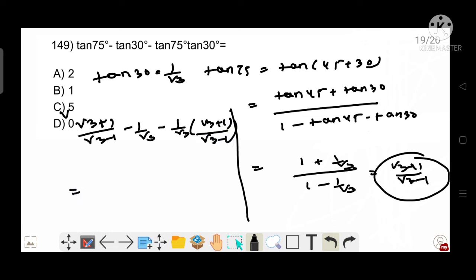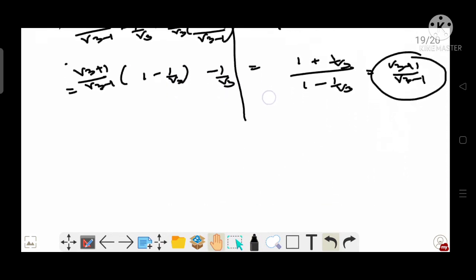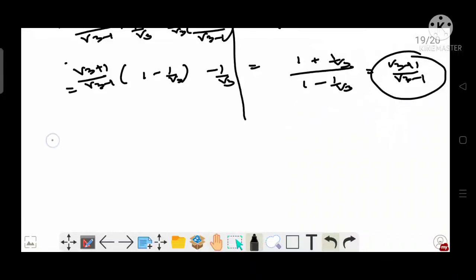So we have, on solving this, root 3 plus 1 by root 3 minus 1, common 1 minus 1 by root 3 minus 1 by root 3. So we have root 3 plus 1 by root 3 minus 1. Okay.